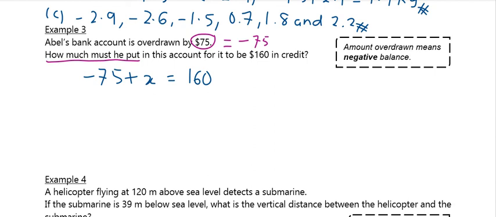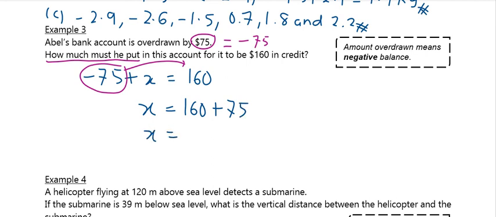Straight away 75 moves to the other side, so x equals 160 plus 75. So he must put 206 plus 7 is 13. So he must put $235 to make negative 75 into positive 160 in credit.